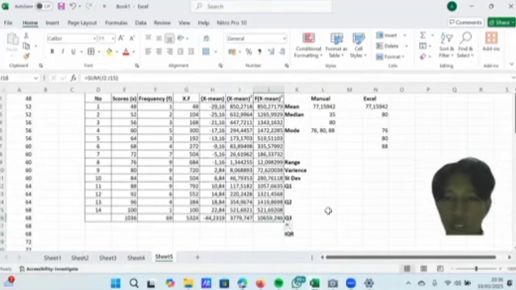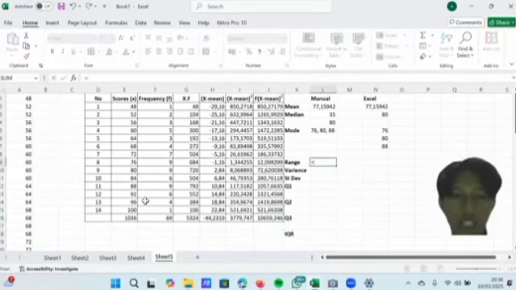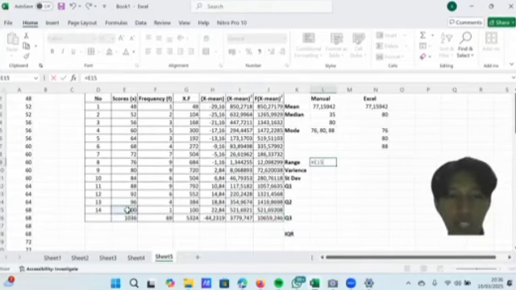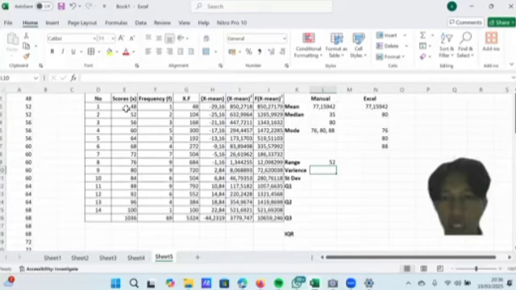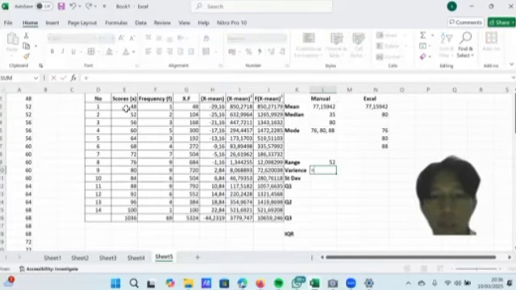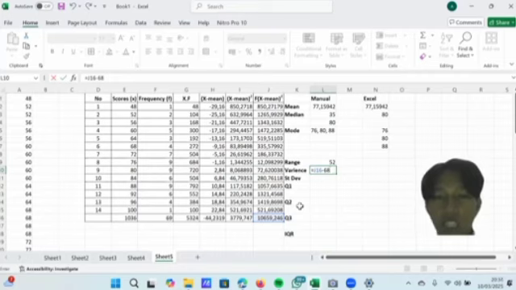Okay, after that, we're going to search for the range, which is the largest data minus the lowest data. And then for the variance, it is the sum of fx minus mean squared divided by 68, which is the amount of the data minus 1.